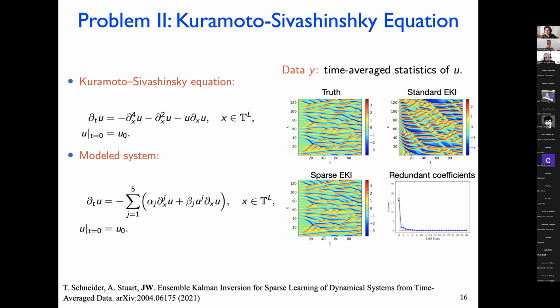We can see that by incorporating sparsity, even if we just use some time average statistics of u, we are able to push all the redundant coefficients to values very close to 0, which helps us avoid overfitting in the data space. For those who are interested in more details of this work, I listed a paper related to this topic at the bottom.